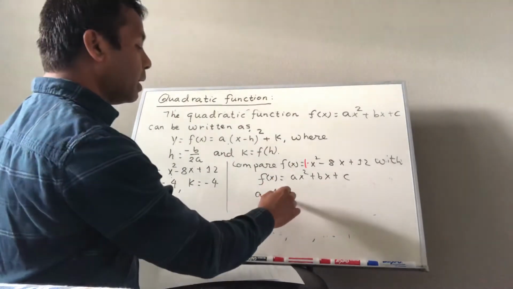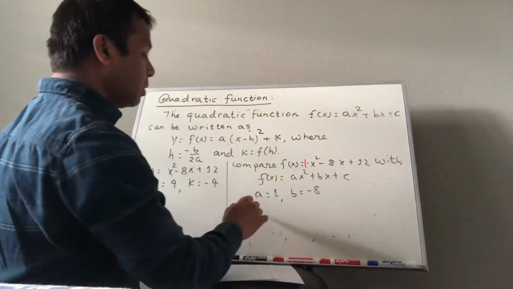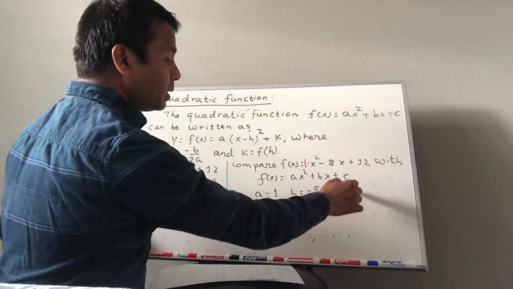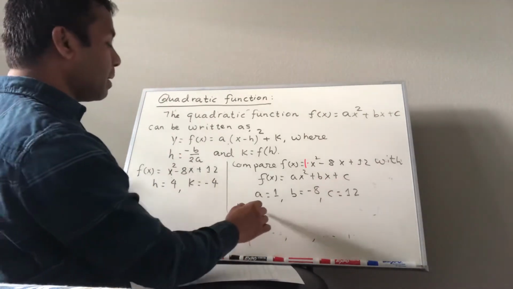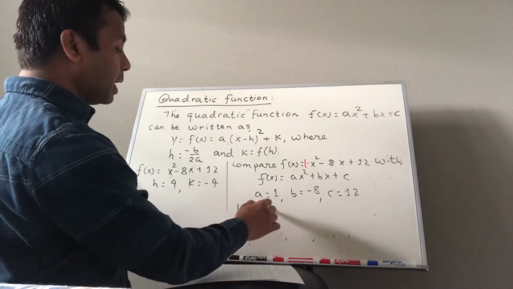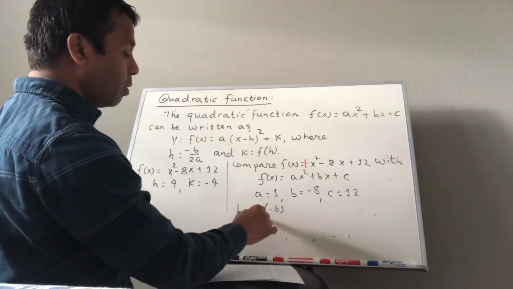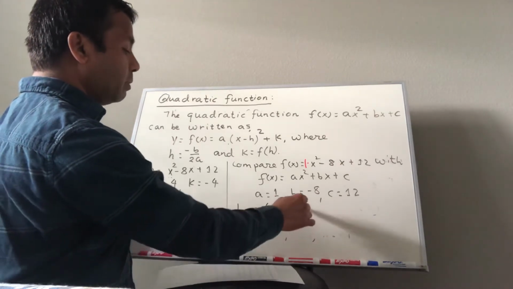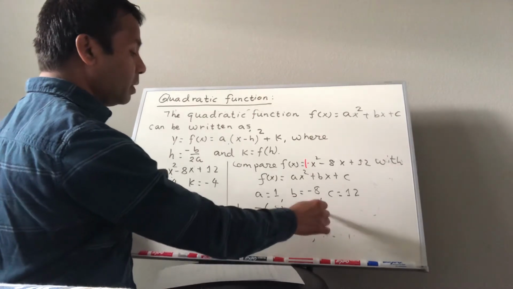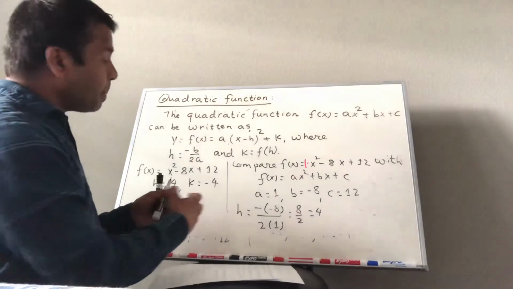So what is the value of b? b is negative 8, and c is positive 12. So how do you find h? By using this formula, negative b over 2a: your b is negative 8, so negative of negative 8 over 2 times a, which is 1, so positive 8 over 2, exactly 4. You see the value of h coincides, okay?